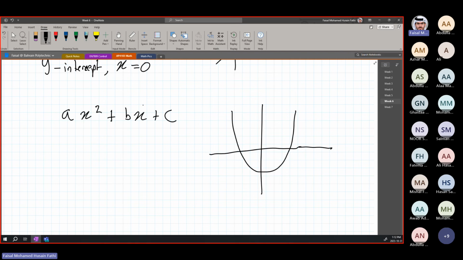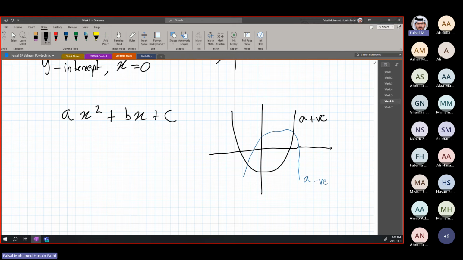This is basically called a parabola. It could be pointing either upwards, or it could be pointing downwards. Basically, this is when a is negative, and this is when a is positive.